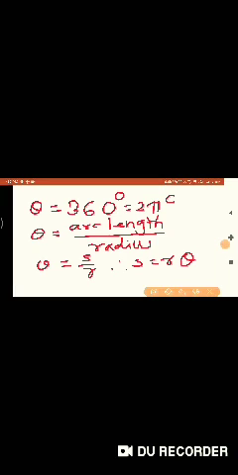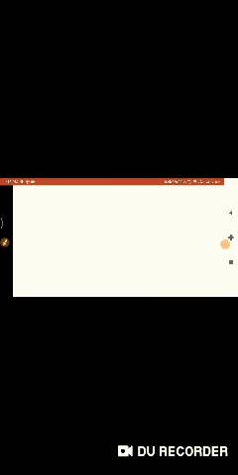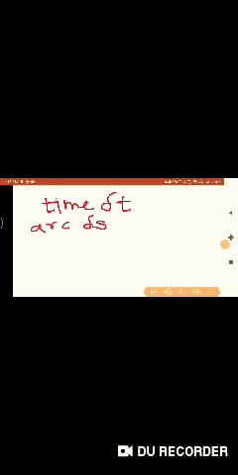When the particle performing the circular motion moves from A to B, or we say from P to Q, in a very short time interval delta t, it describes an arc of length delta s.